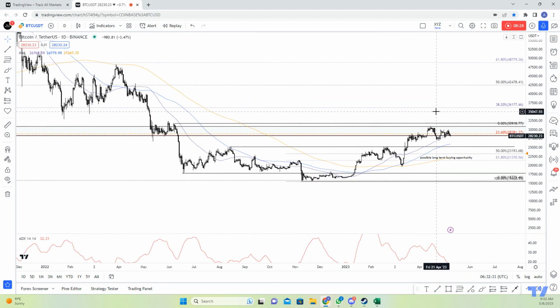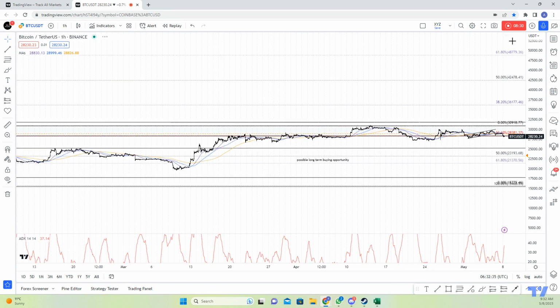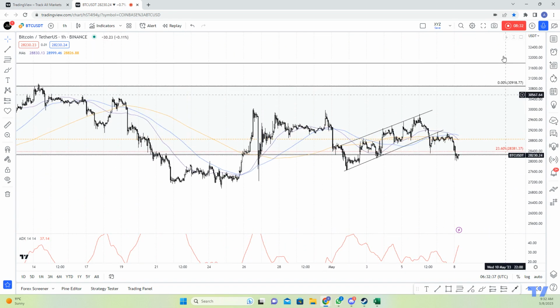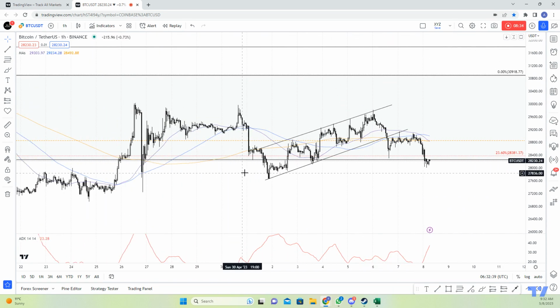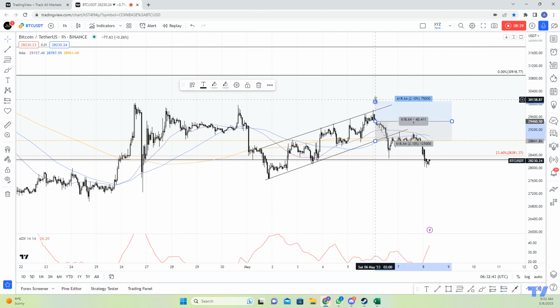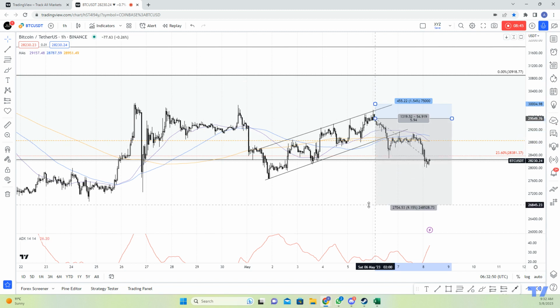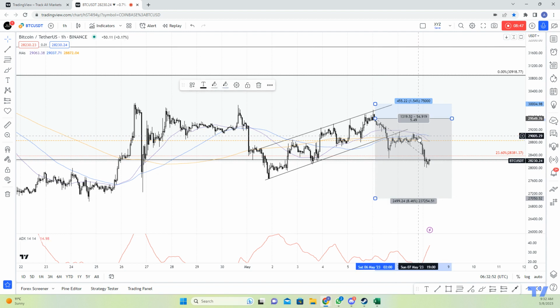So this is the trade that I'm currently in. I've been waiting for this trade for quite a while. I got it around this area here. I think it was on the weekend, and I said to my guys in the group, if you get 29,200, just take it.